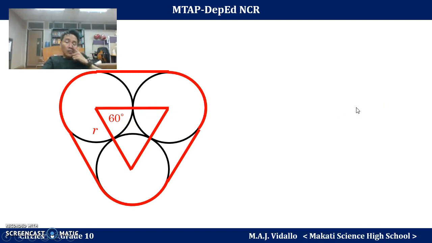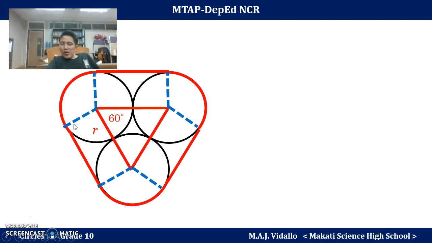Now, we also know that this side here is tangent. So from the center, if I connect a radius here, that's perpendicular to this segment, as shown. Therefore, this is 90. If I do the same in the two remaining arcs, I can create the same thing.